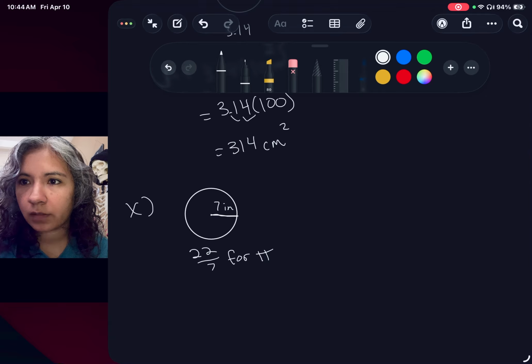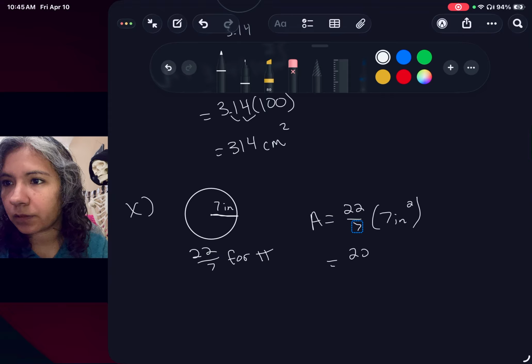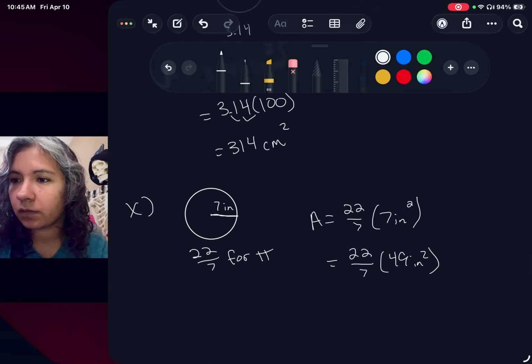So area equals pi, 22 over 7 times 7 inches squared. This is going to give us 22 over 7 times 49 inches squared.